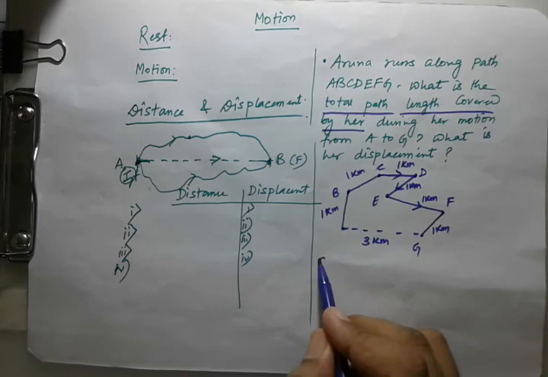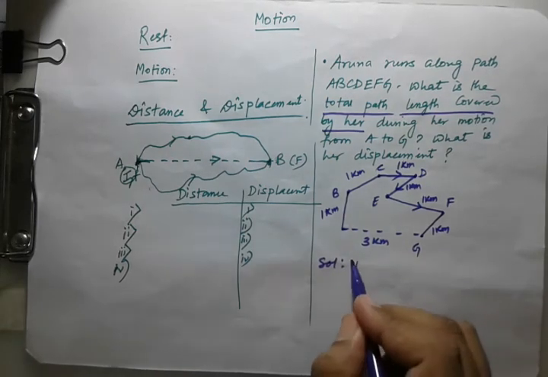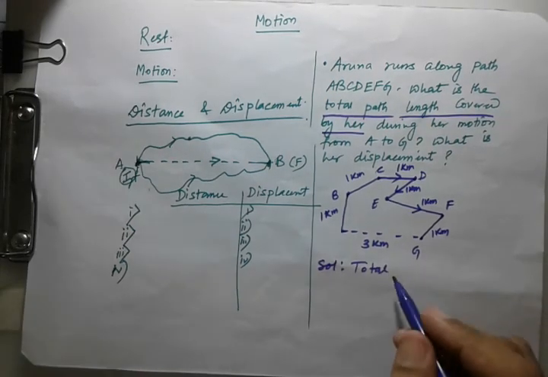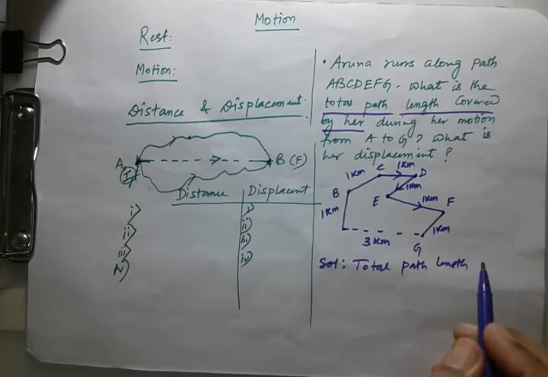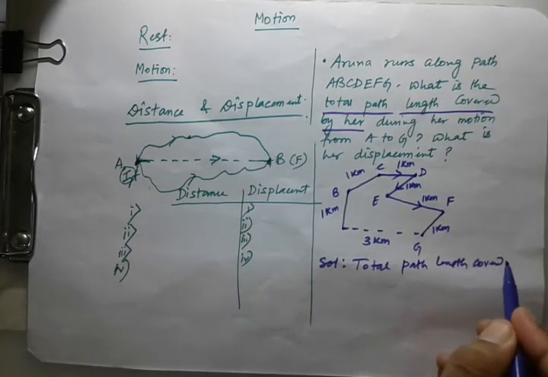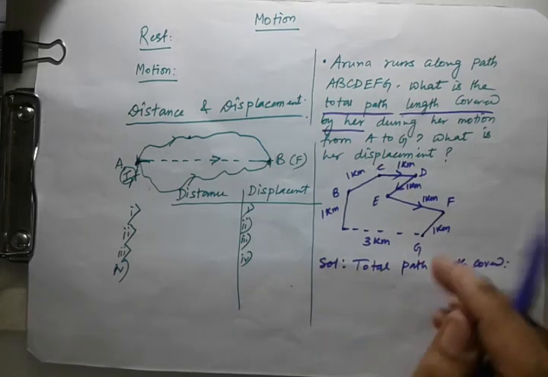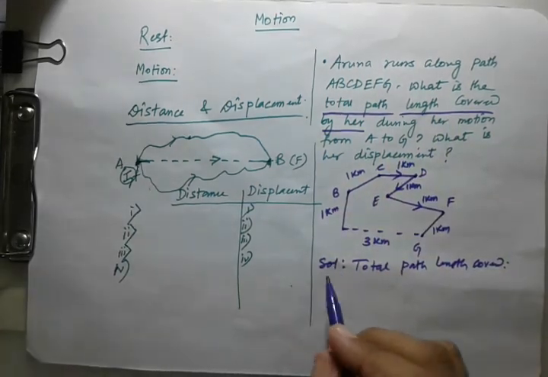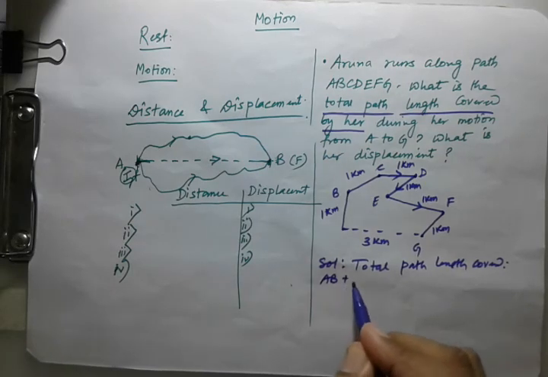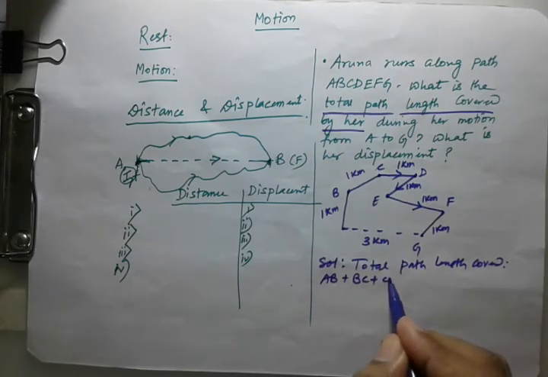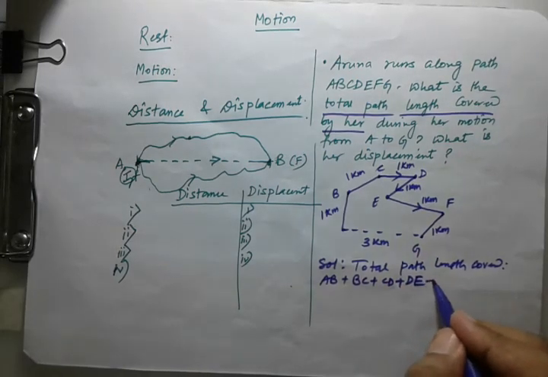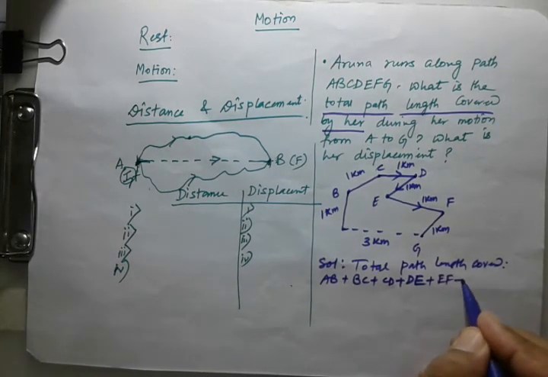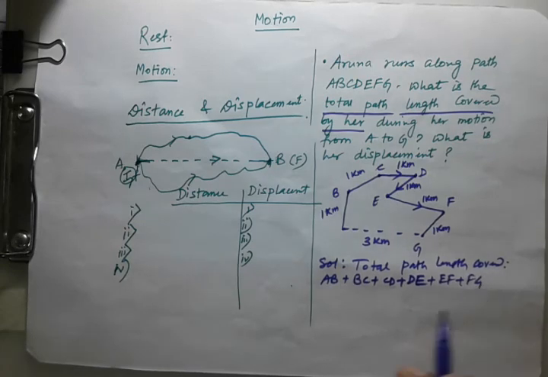So, solution: total path covered. How much can you add? AB plus BC plus CD plus DE plus EF plus FG.